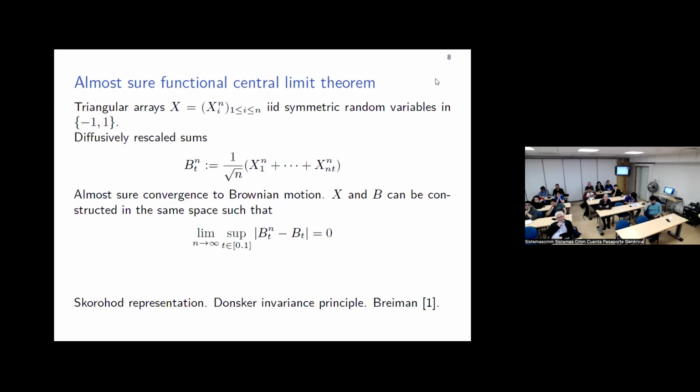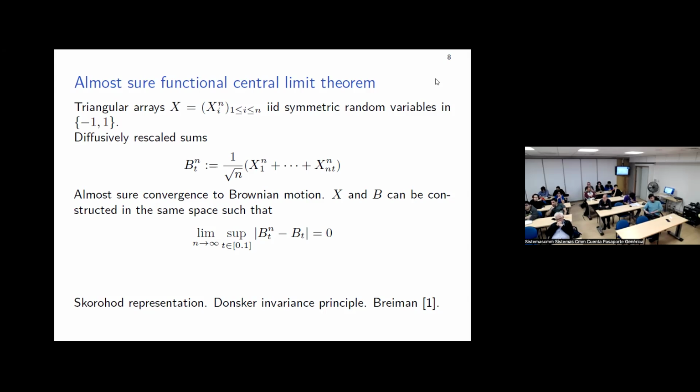Then the other thing is that you have an almost functional central limit theorem. That means that the trajectories of Brownian motion can be approximated by trajectories of triangular arrays of independent, identically distributed, symmetric, centered random variables.